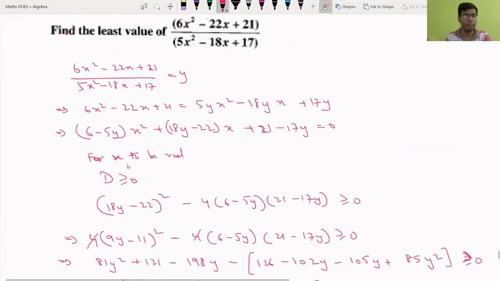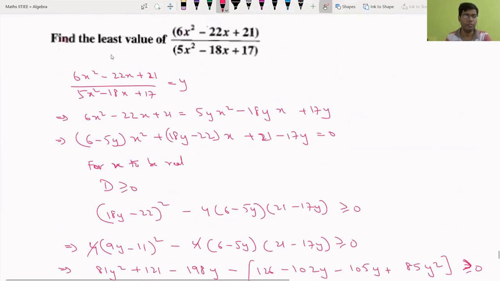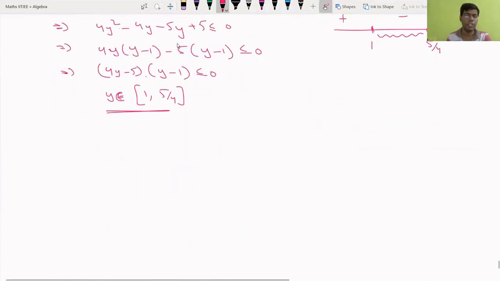But what is my y? Y is this given expression. What he was asking us is the least value of this expression. So the least value of the given expression is 1. So that's how we have to use the inequality and solve the equation.